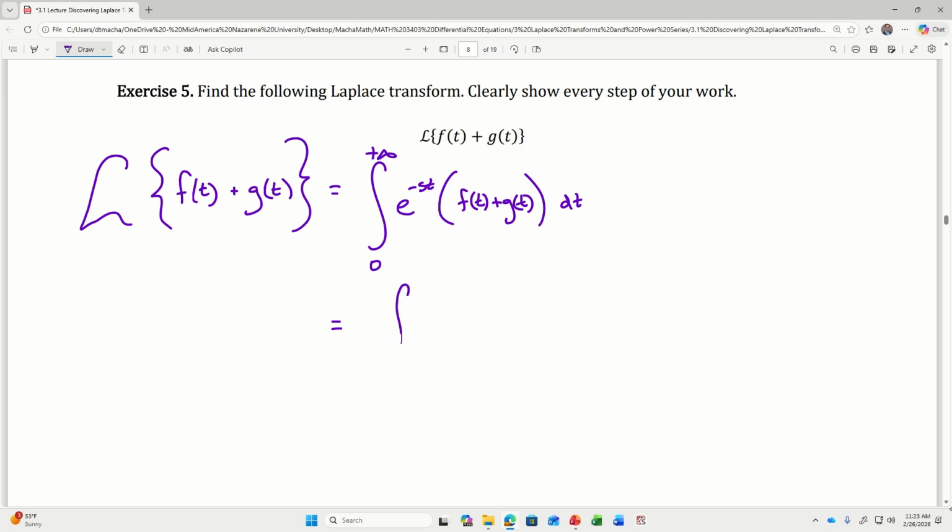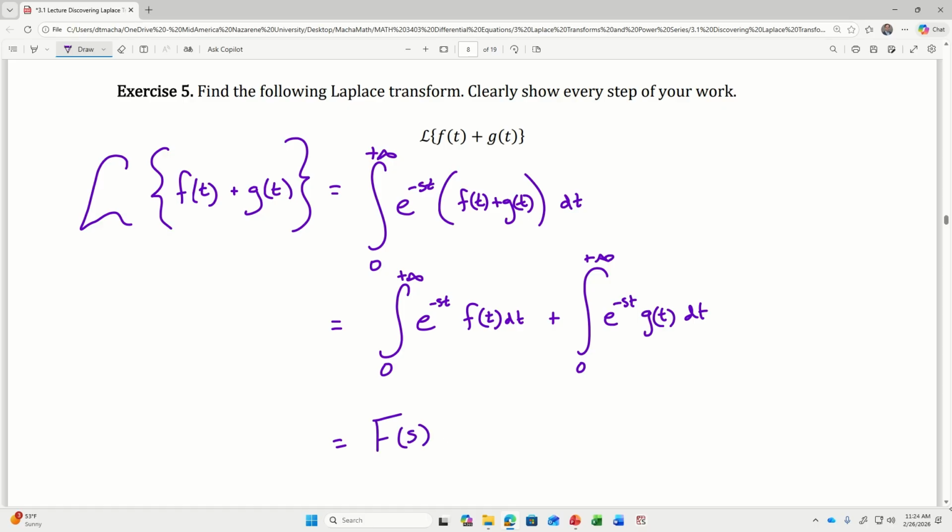So this is the same, using integral additivity and the multiplication distributive property, as saying the integral from 0 to infinity of e to the negative st f of t dt plus the integral from 0 to infinity of e to the negative st g of t dt. And for that reason, this is just capital F of s plus capital G of s.